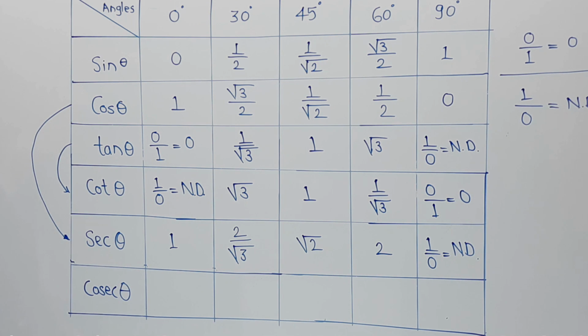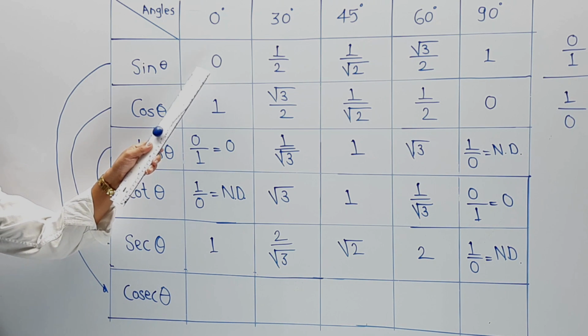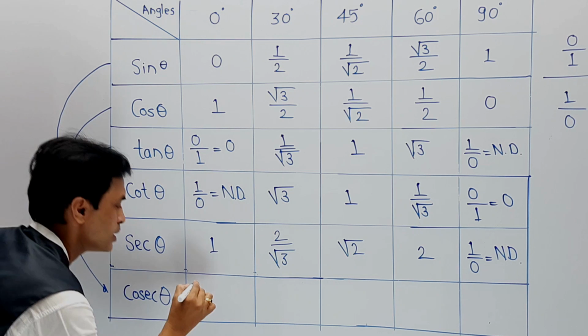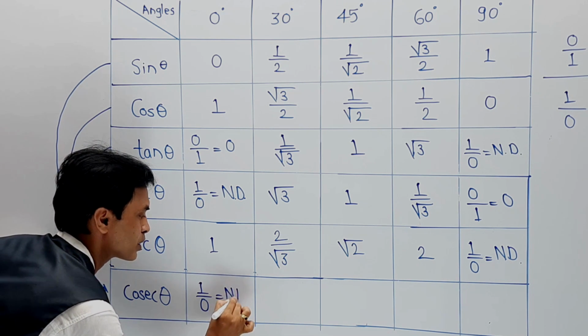The reciprocal of sine is cosec. You just make the reciprocal of the value available in the sine table. So it is 0, actually 0 divided by 1, and its reciprocal is 1 divided by 0, meaning not defined.